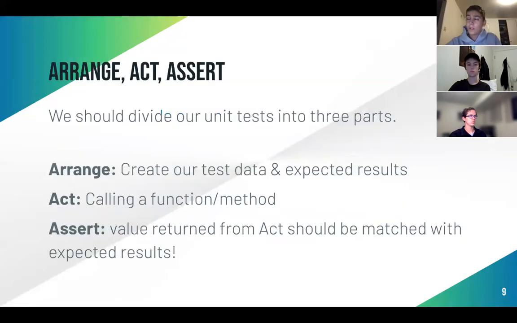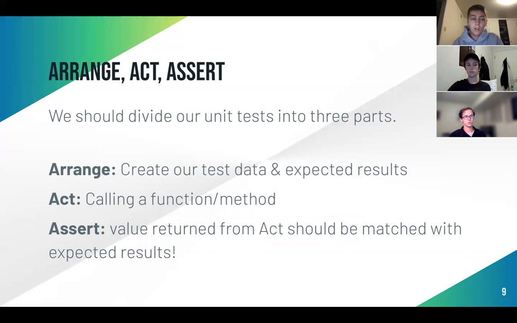So we're going to move on to arrange, act, assert. And this is kind of the format you'll use for writing your tests. So whenever you do write a unit test, and we'll get into a demo of this in a little bit, you want to start with 3 parts. So arrange, that's where you're going to be putting all of your test data. You want to declare your expected result there as well.